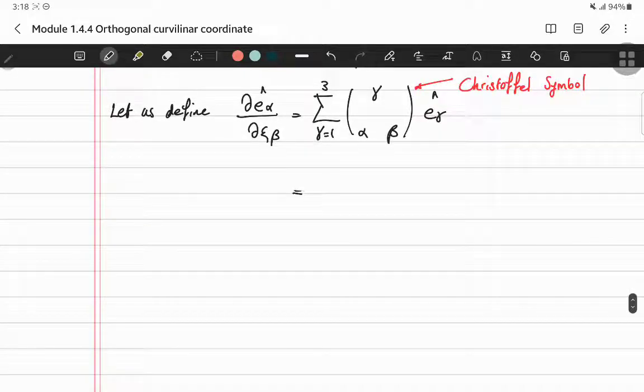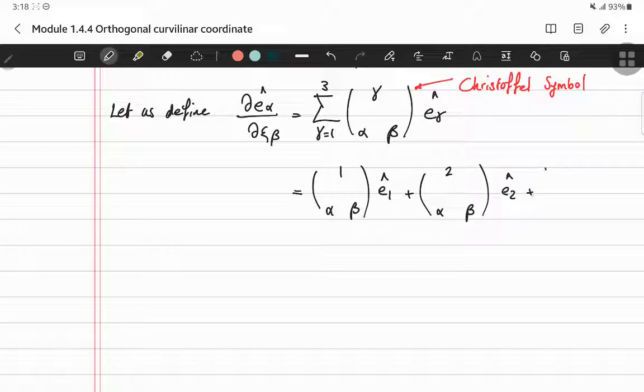So if I write them individually, I will have gamma 1, alpha and beta, so I don't have this summation on the dummy index: gamma 1 alpha beta e1, plus gamma 2 alpha beta e2, plus gamma 3 alpha beta e3.